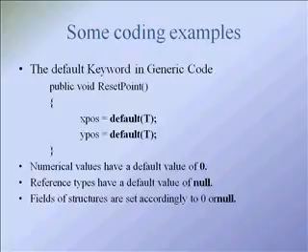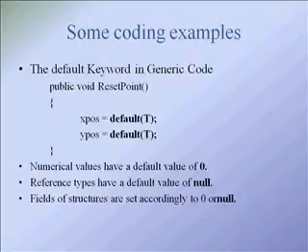Public void reset point: first we have to use public void reset point, then within curly brackets, x position equals default T, meaning the current default T. Y position equals default T, but we can change this. It differs from code to code. So this is the default pattern of generic code.